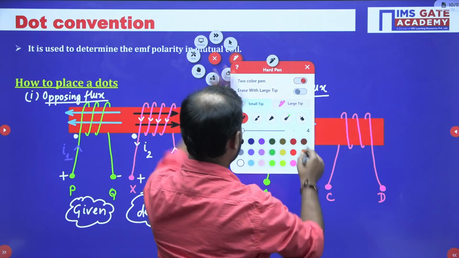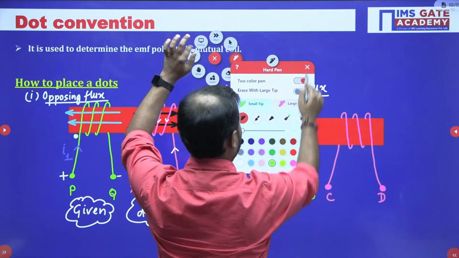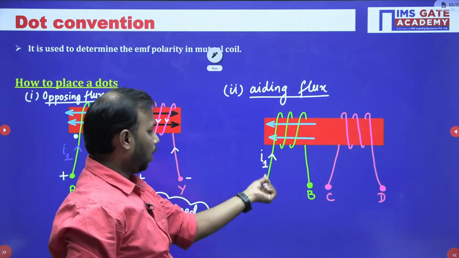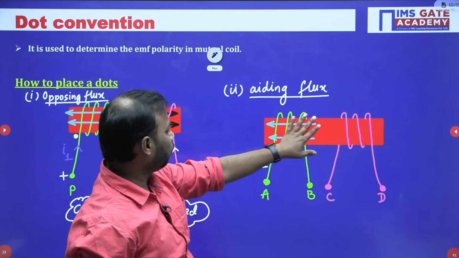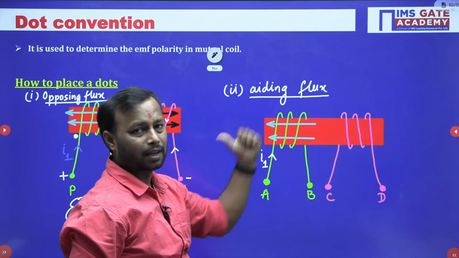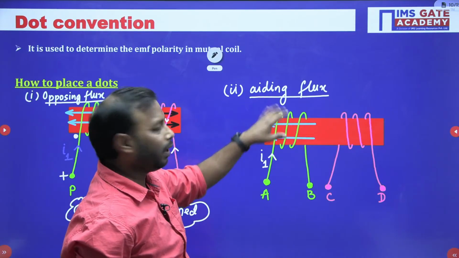So come to this question. Here this I1 is basically going to give you flux in this direction towards left hand side. So adding flux means what?